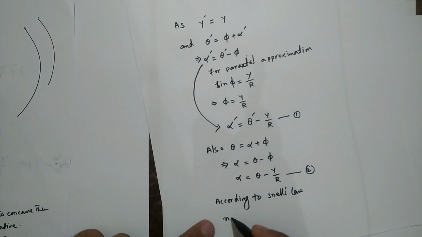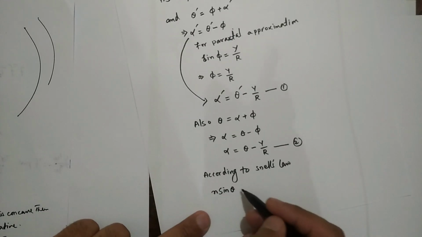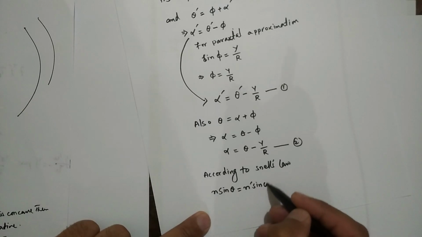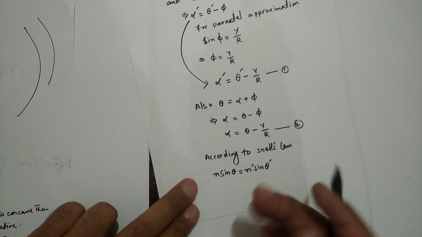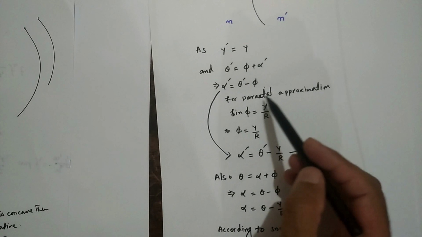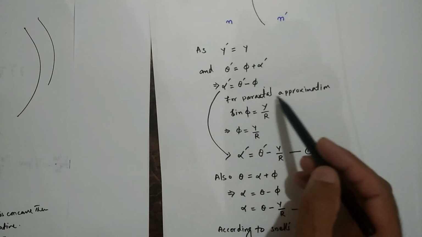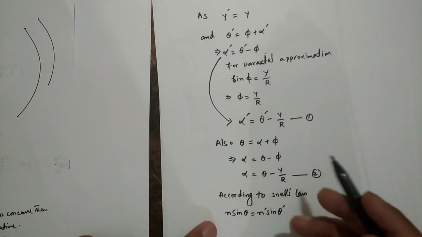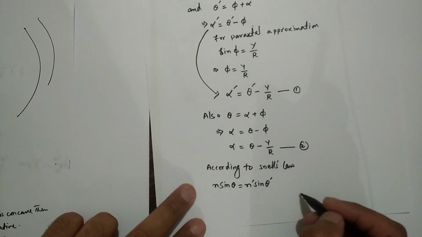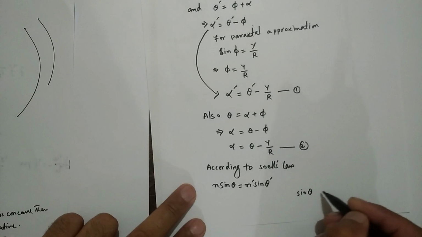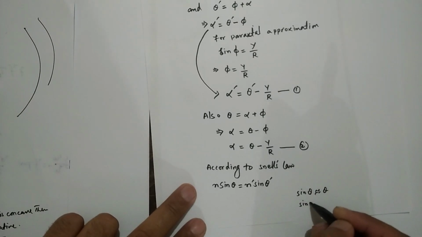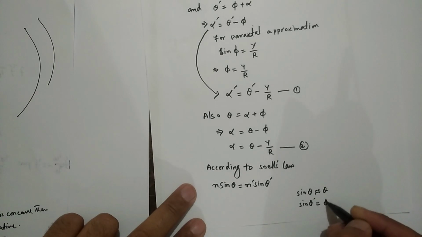So n sine theta is equal to n prime sine theta prime. In the paraxial approximation, sine theta is almost equal to theta, and similarly sine theta prime is equal to theta prime.